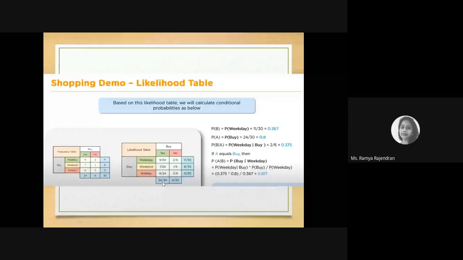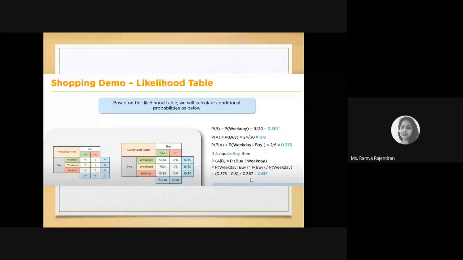Substituting all that here, we are able to get an answer of 0.817, and here it is 0.179. That's how we computed the probability of a person buying a product on a weekday and the probability of a person not buying a product on a weekday.